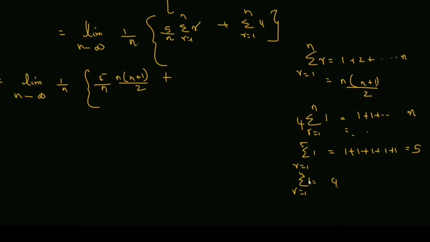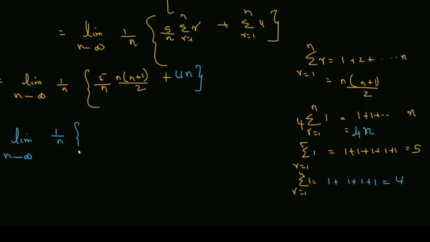If you add sigma 1, r from 1 to 4, you are adding 1 four times, so the answer will be 4. So I am asking you, what will be the answer here? You are adding 1 n times, so n. Then when 4 is outside, it will become 4n.